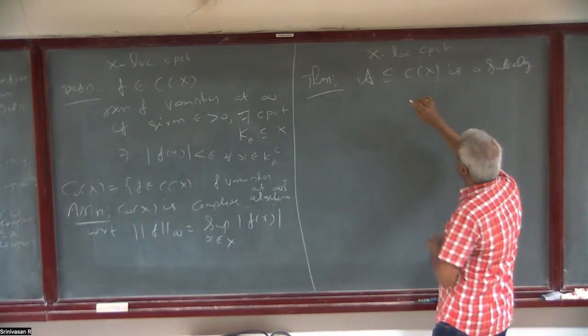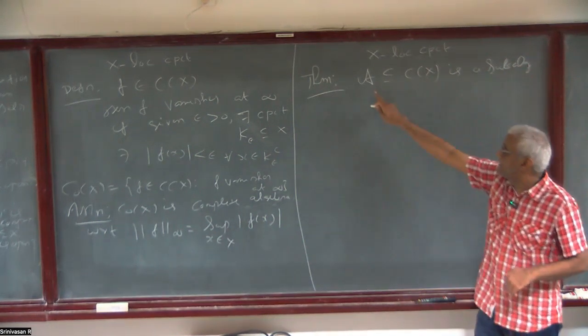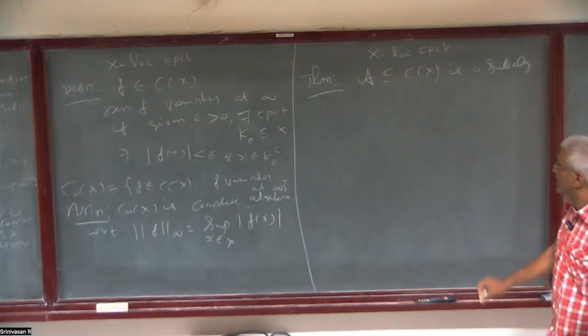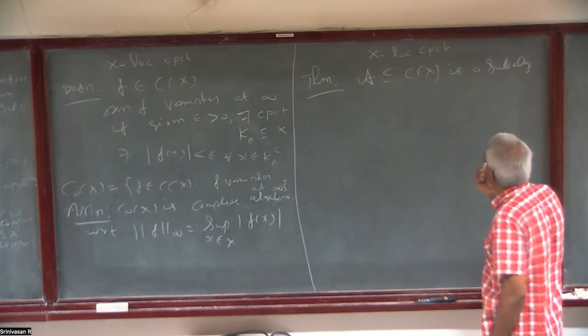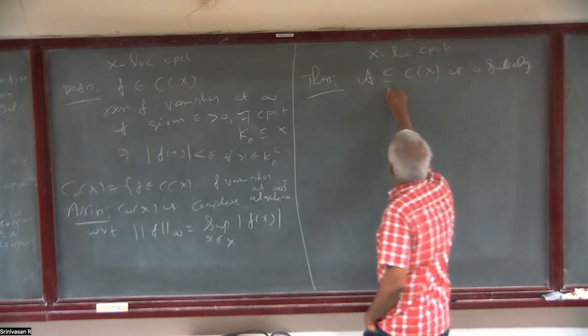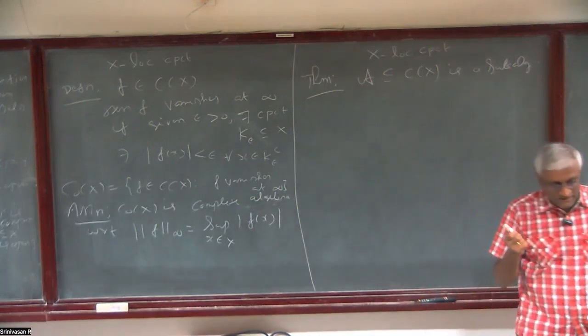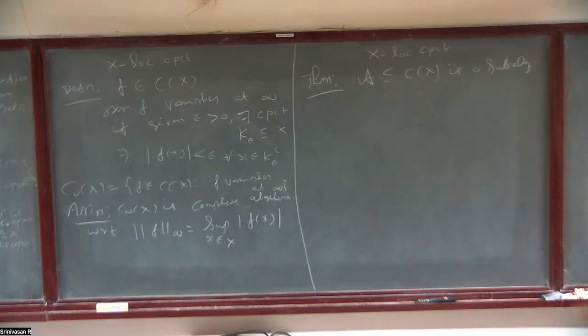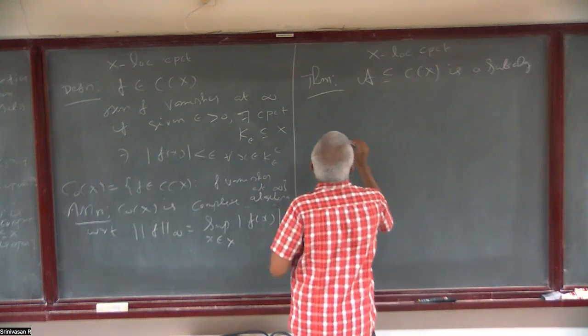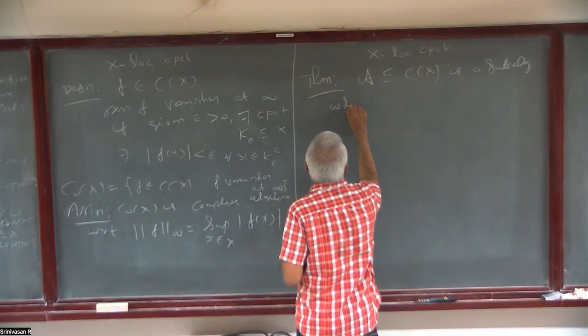By subalgebra, I mean if you have f and g in A, then the product is also in A. That is enough for the subalgebra, and it's also a vector space. A subalgebra means a subspace which is closed under multiplication. So this is a subalgebra which separates points of X.